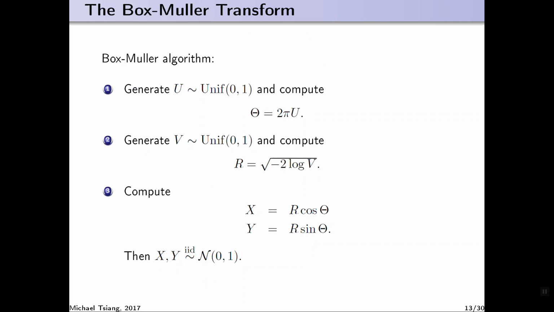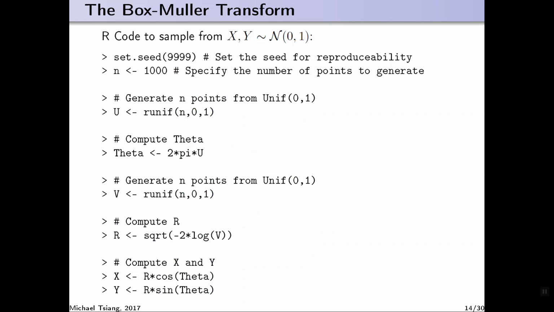Anyway, so that's the Box-Mueller transform. Again, we don't do this on the computer, but it's rather a clever method, in my opinion. Here we're going to just use random uniform values to get u and v, and we use those to get x and y, to get our random normals.